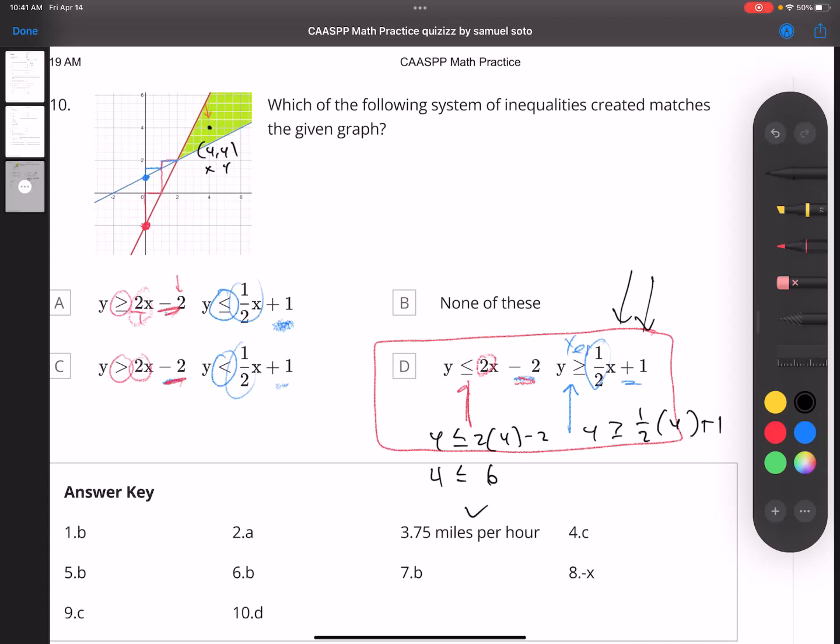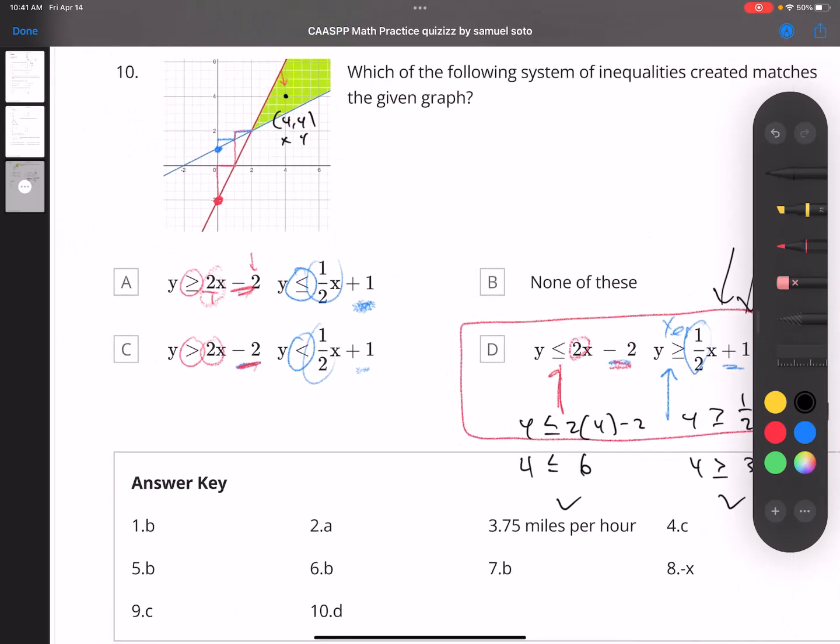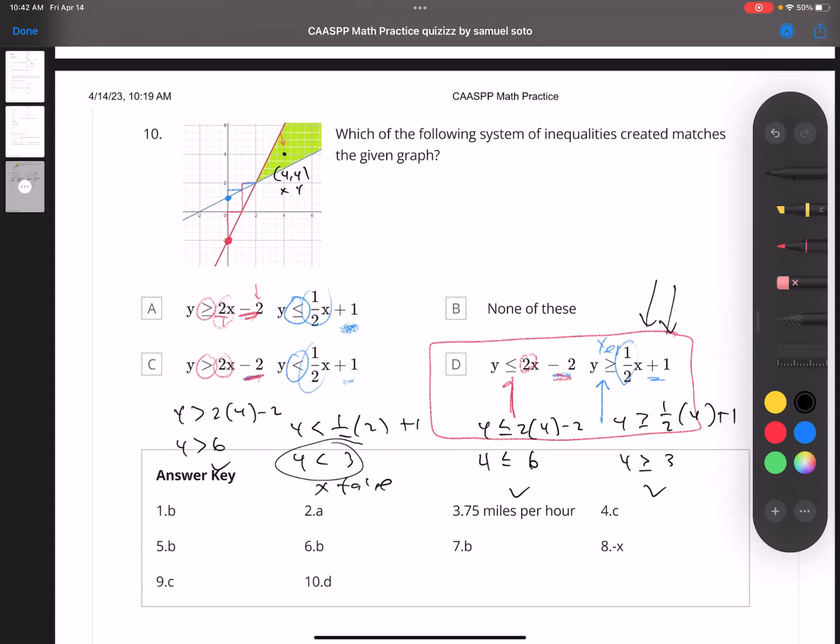This is true. 4 divided by 2 is 2. 2 plus 1 is 3. That is true. Now, if you did it for any other one, you'll see that it's false. Is 4 smaller than 3? This would be no, false. Does that make sense? So the shaded region is a solution for both of the inequalities.